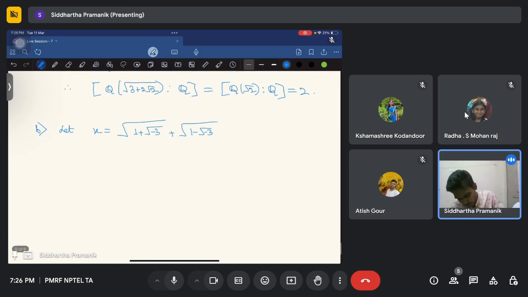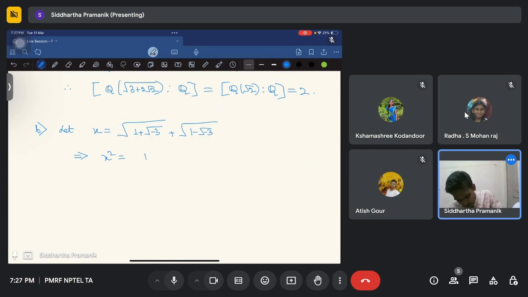Now if we take squares on both sides, we get the square of this plus the square of this plus 2 times the product.